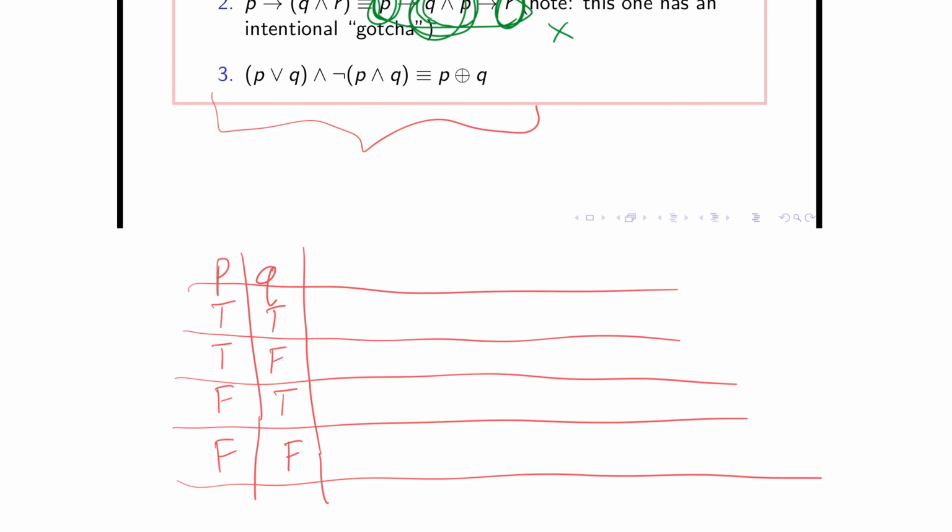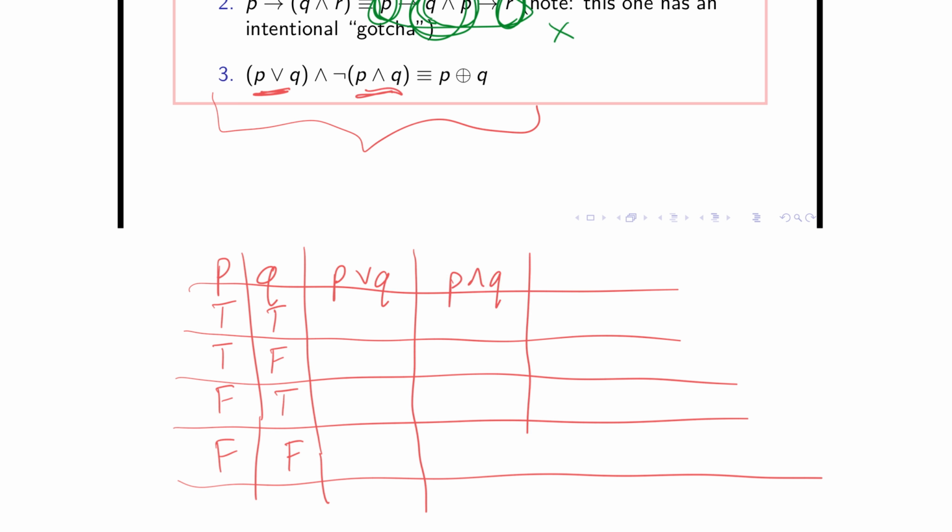And we're going to have to build up these propositions in order. So if I look for all of the order 1 complexity propositions, I see that this is one, so we're going to write down P or Q. I see another order 1 proposition here, so that's P and Q. I see another order 1 proposition here, which is P XOR Q. So there are all of my order 1 propositions.